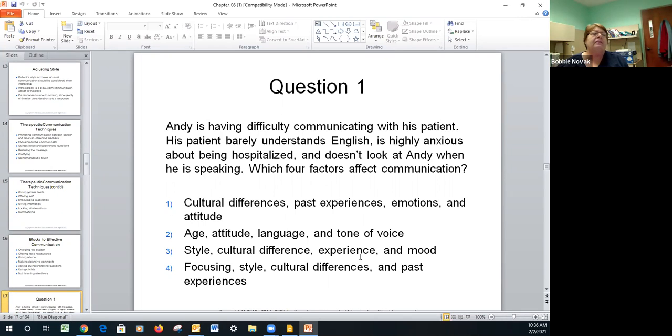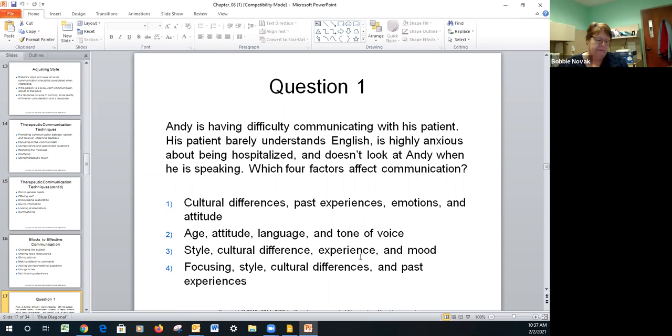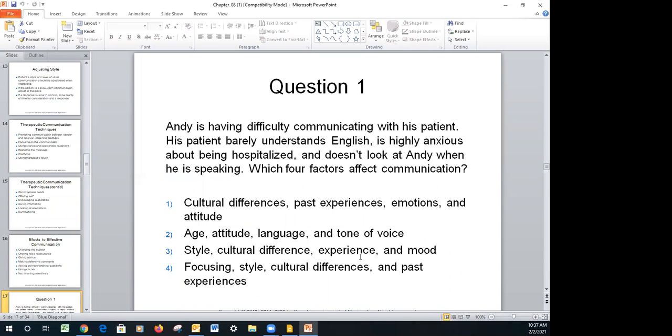So Andy is having difficulty communicating with his patient. His patient barely understands English. He's highly anxious about being hospitalized and doesn't look at Andy when he's speaking. So what 4 factors are affecting the communication here? One, okay, why did you say 1? Because he doesn't speak English.